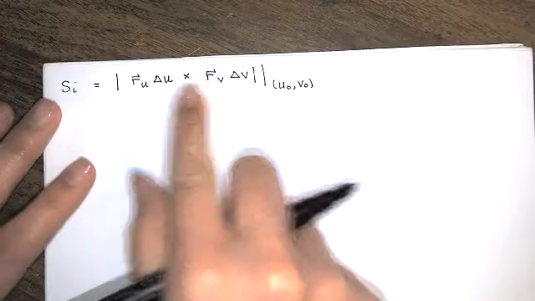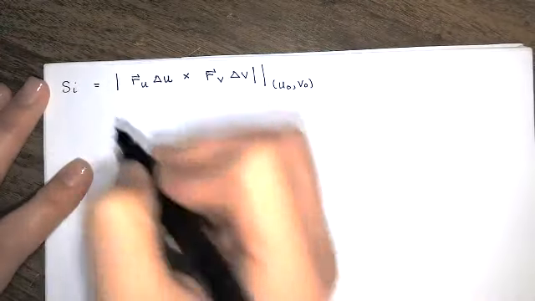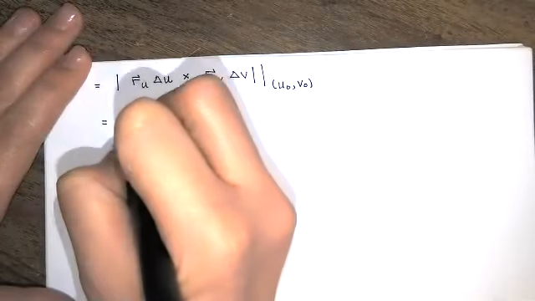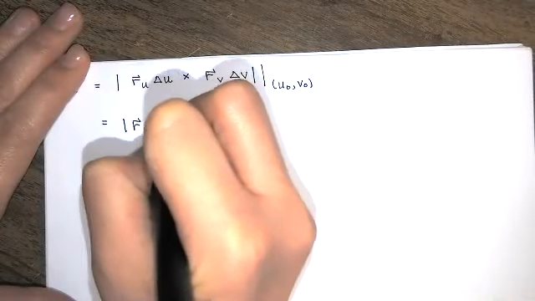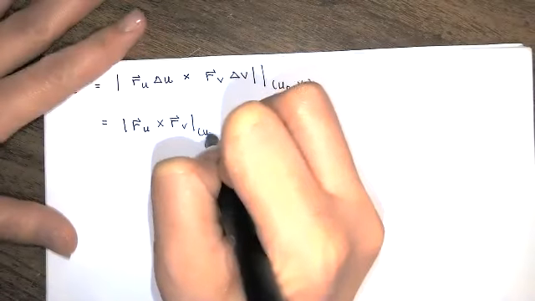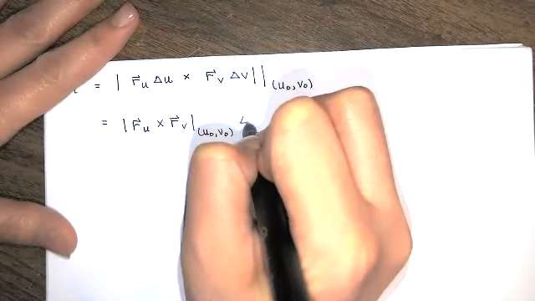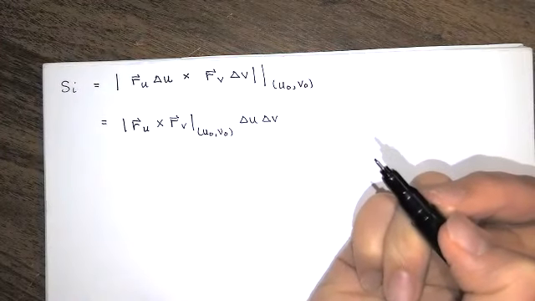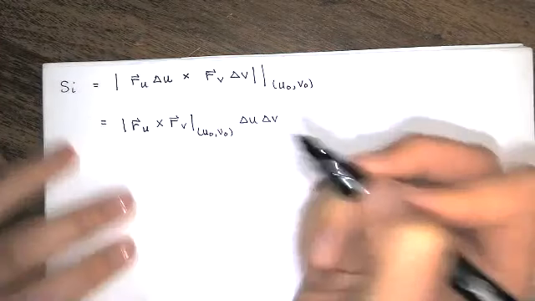And since delta u and delta v are scalars, and we'll assume that they're positive scalars, we can factor those out. That's the surface area of one of our little pieces.